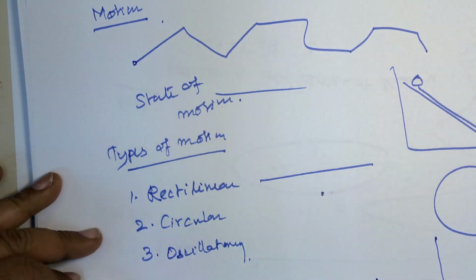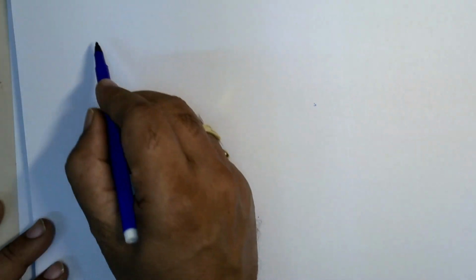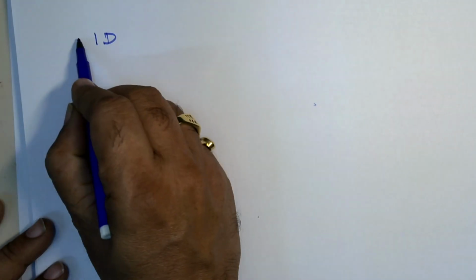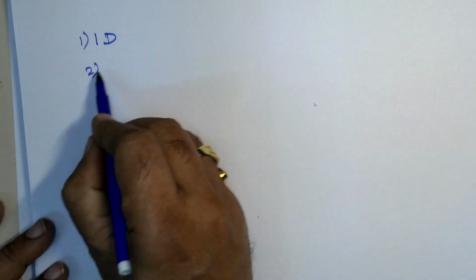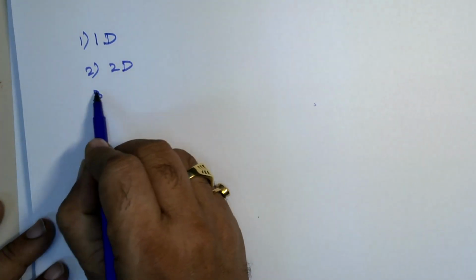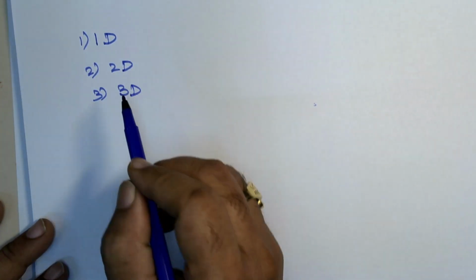Now, on the basis of the number of coordinates required to define the motion, it can be called one-dimensional motion, two-dimensional motion, or three-dimensional motion.